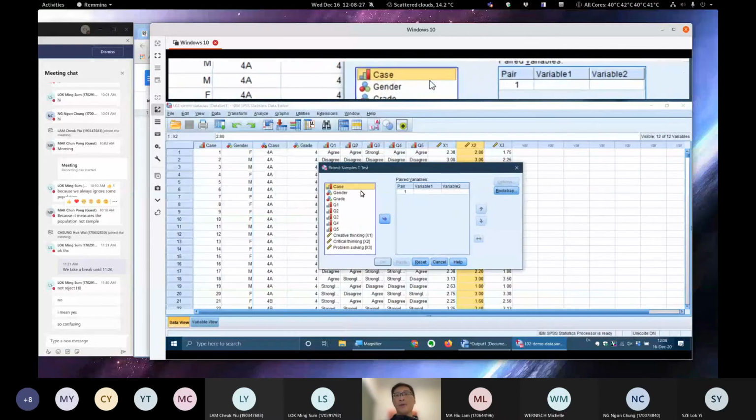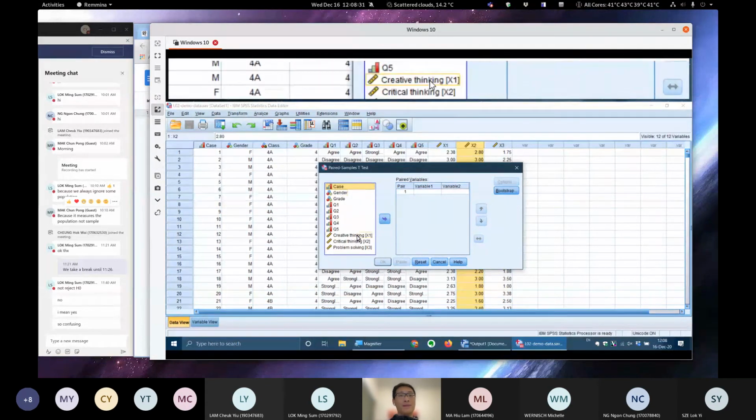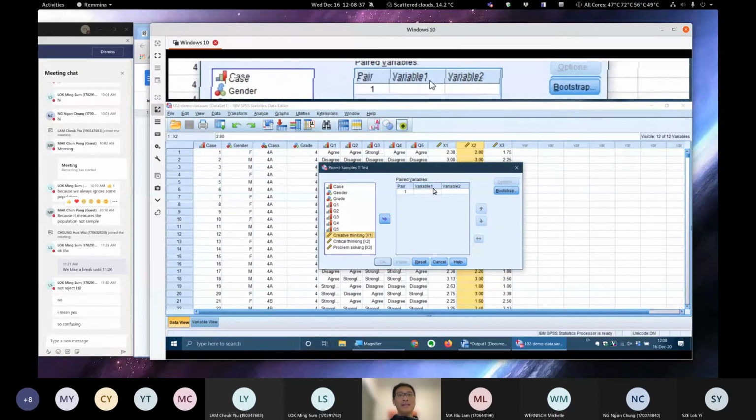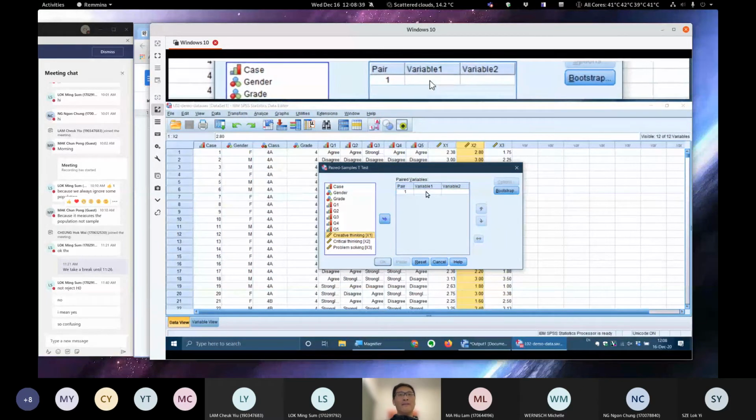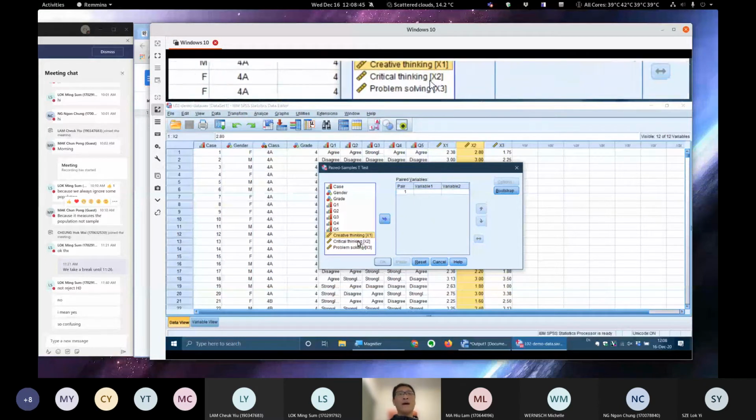Now, for the paired sample, we do not care about the groups of people, but we want to specify the two variables that we want to compare. So you see on the right-hand side here, you have variable 1 and variable 2 on the same row. They mean we want to compare these two variables.